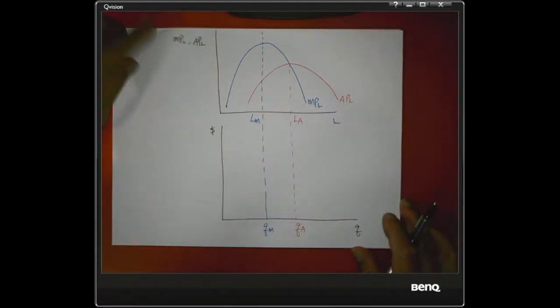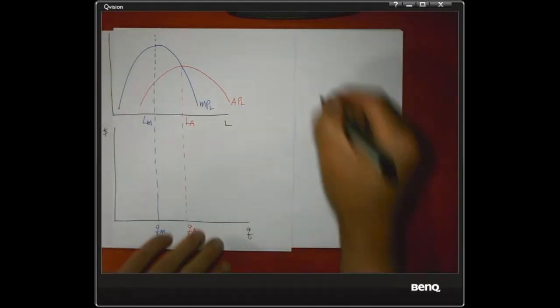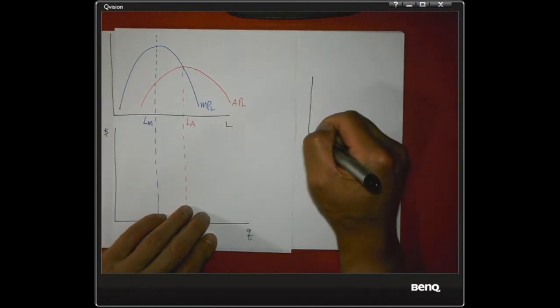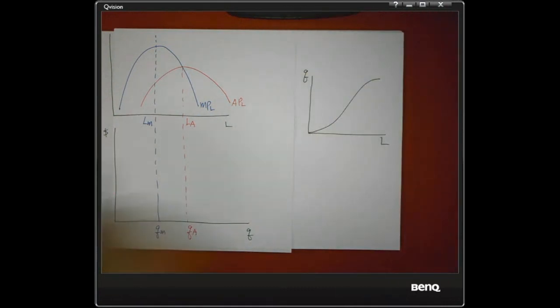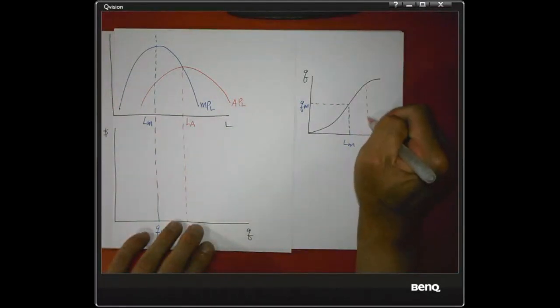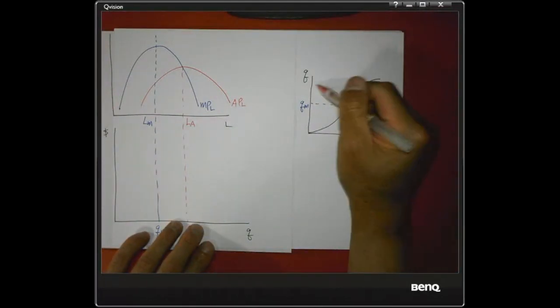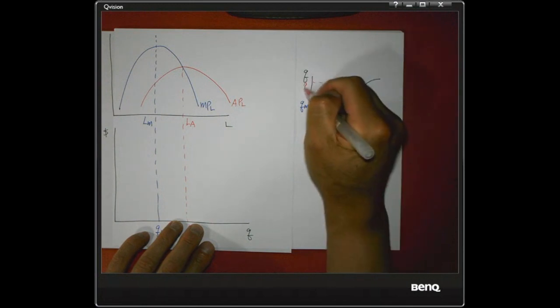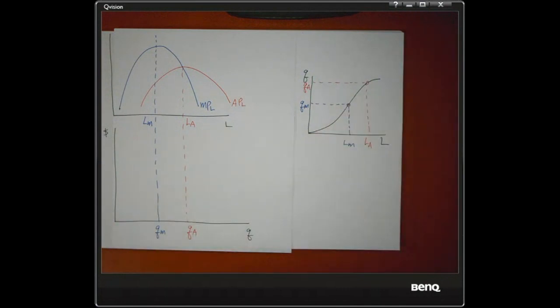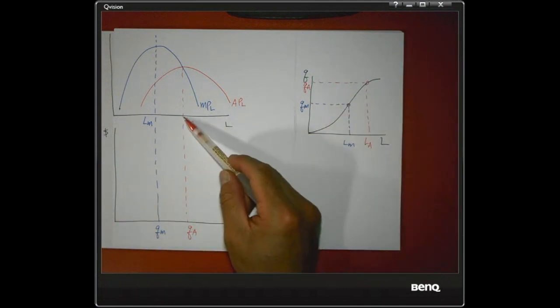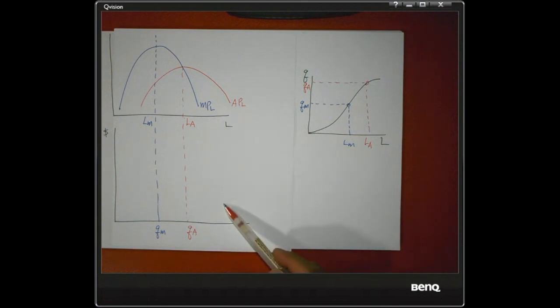The reason why we can do it is because, according to the total product of labor curve, if we have this input, it corresponds to one level of output. So this is a one-on-one relationship. And that's why we can align them in these two graphs.